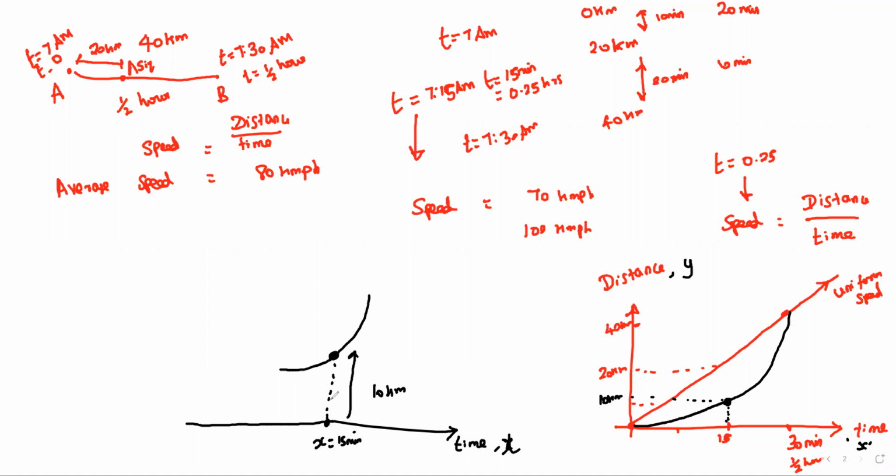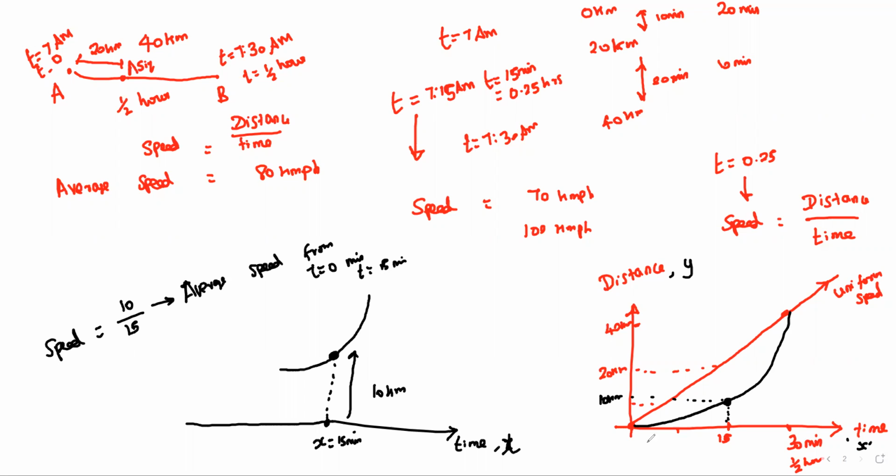But if you want to find the speed, you can't just put 10 by 15. That won't be correct, because the distance is 10 kilometers and the time is 15 minutes. Shall I do 10 by 15? Yes, you can do 10 by 15, but this is the average speed from t equal to 0 minutes to t equal to 15 minutes.